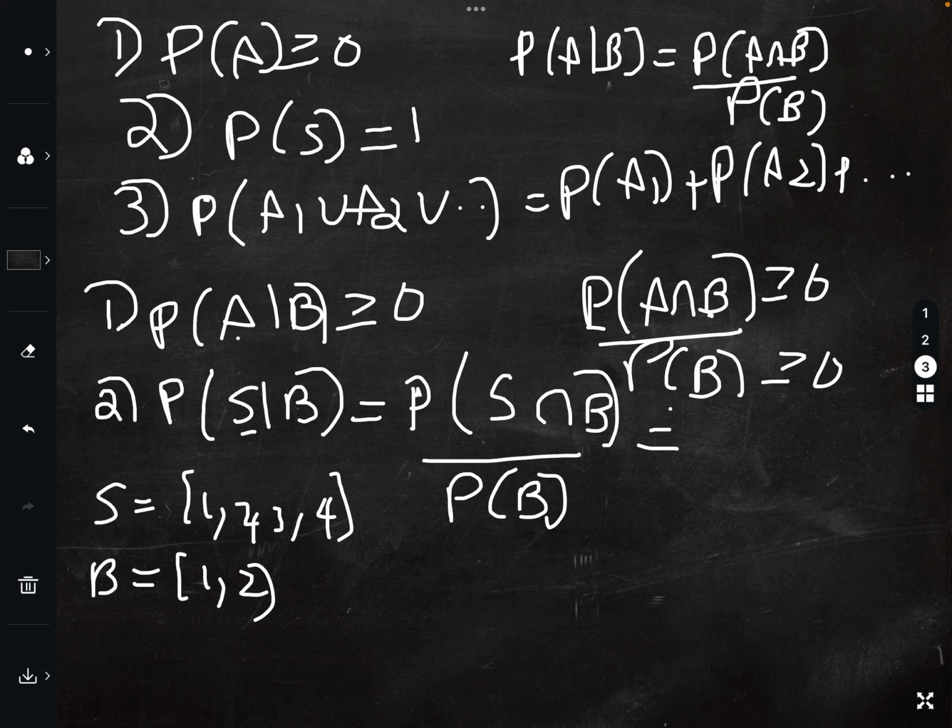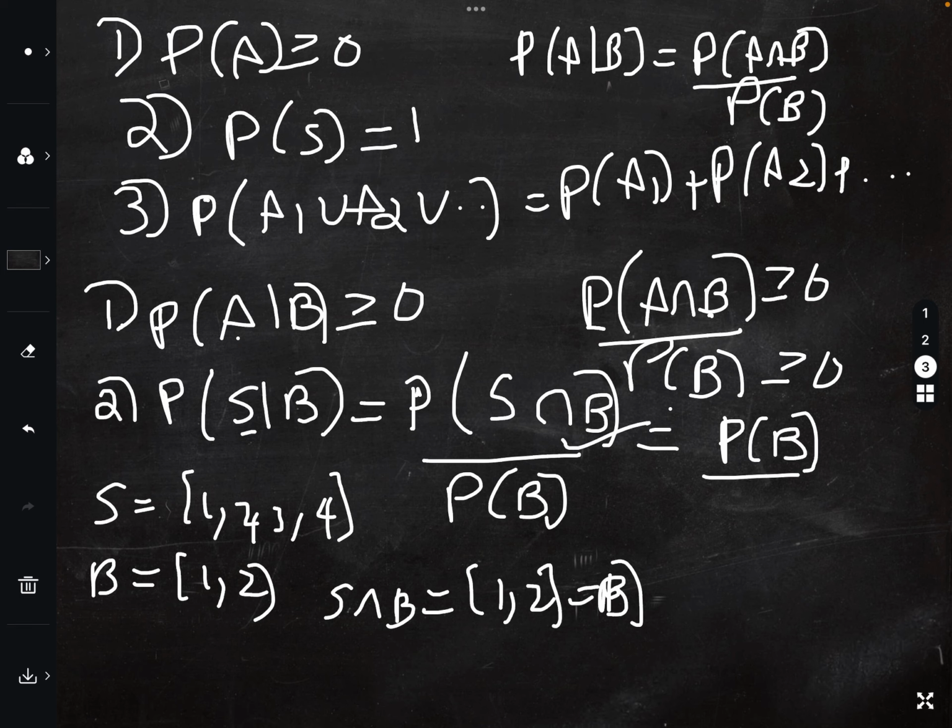So S intersection B is equal to {1, 2}, that is B. So probability of S intersection B is equal to probability of B, divided by probability of B, that is equal to 1. So axiom 2 is satisfied.